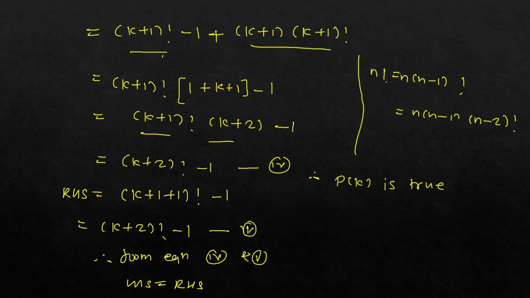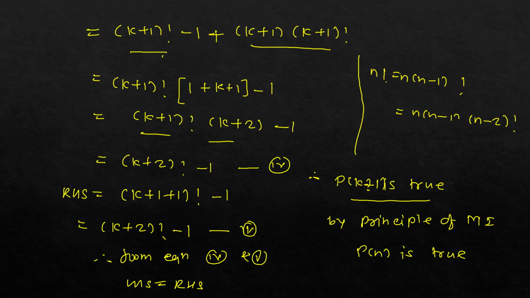Sorry, that is P of k plus 1. P of k plus 1 is true. Therefore, by principle of mathematical induction, P of n is true for all n belongs to capital N.